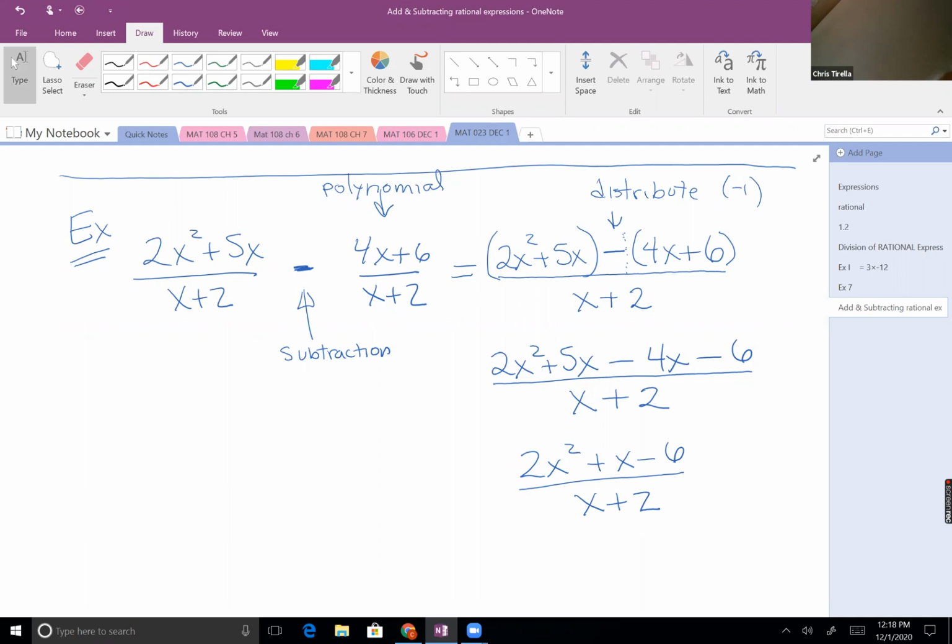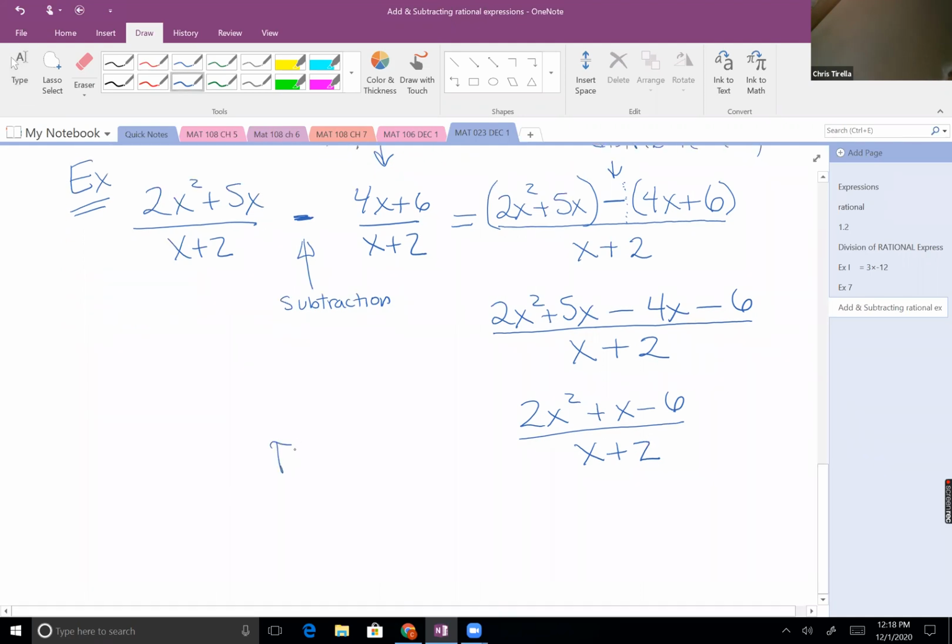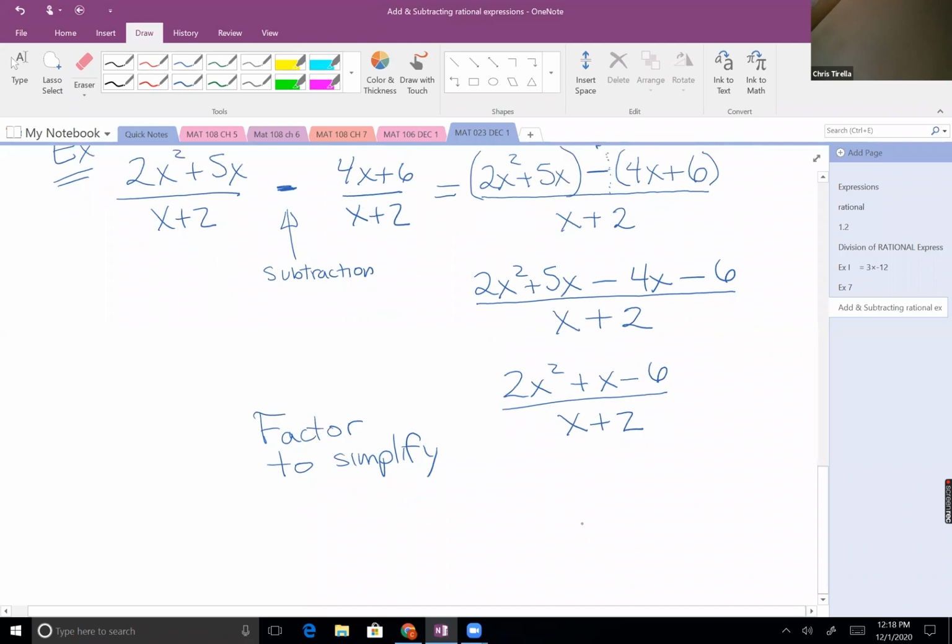And then to see if it can simplify, I'm going to try to factor just like the very first day we did these rational expressions. We started with problems like this, and in order to simplify them, we had to factor. That denominator does not factor, x plus 2.